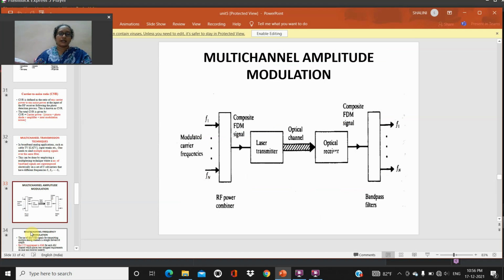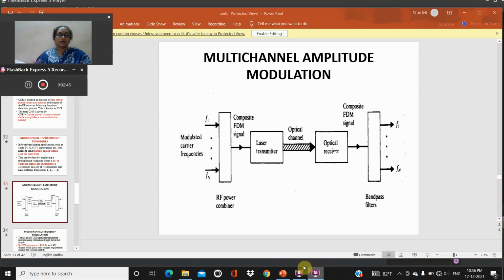Next, multi-channel amplitude modulation. What is multi-channel amplitude modulation? The modulated carrier frequencies from F1 to Fn are given to the RF power combiner, which produces the composite FDM signal.